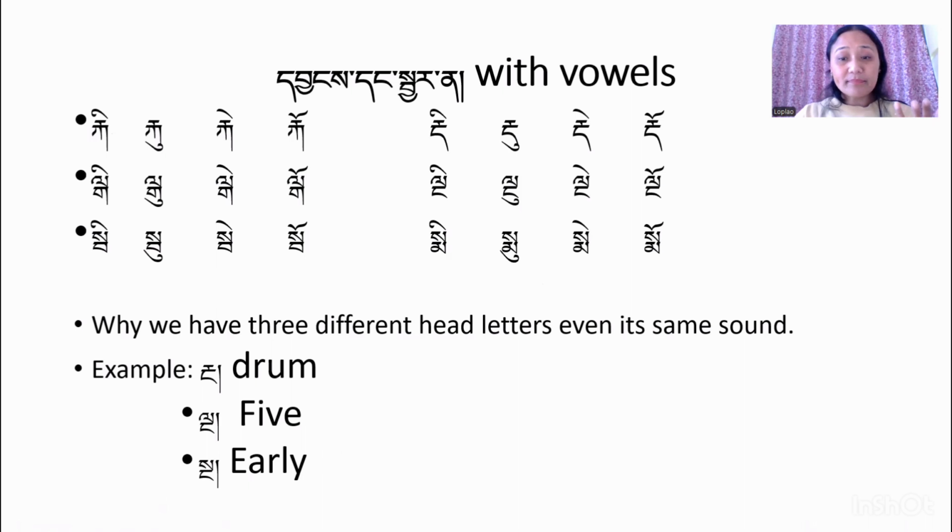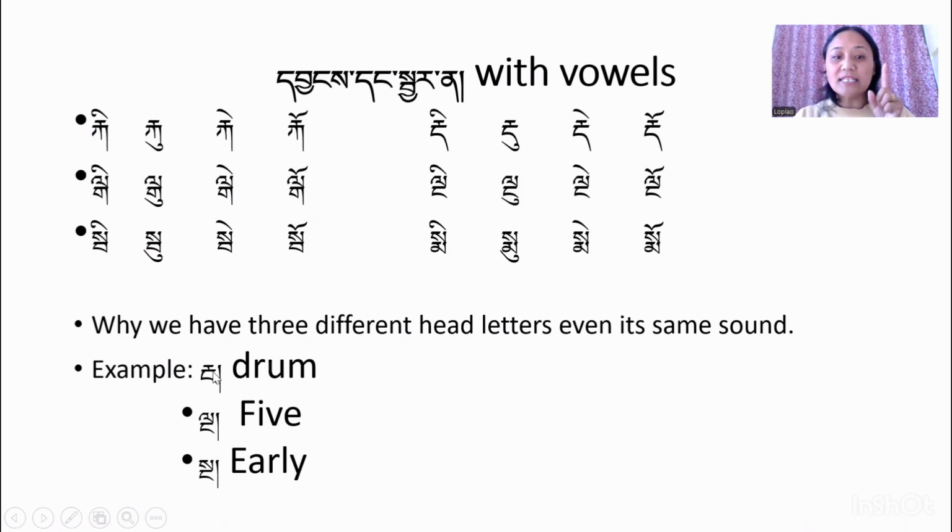So see, because we have different meanings, we need different spellings. For example, Ra Ngata Nga, La Ngata Nga, Sa Ngata Nga. They have the same sound, but in different spellings there are different meanings.